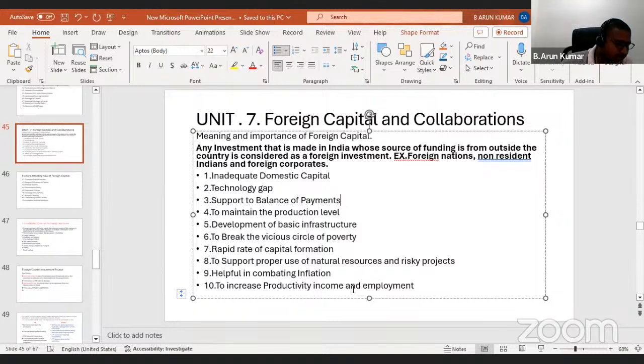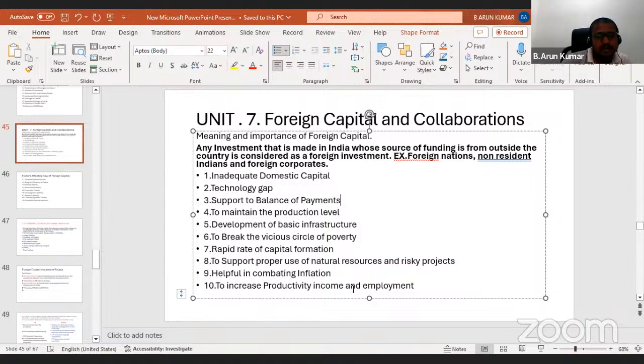The fourth one is to maintain the production level. Adequate supply of essential raw materials, semi-manufactured goods, machines, tools, and equipment is essential to maintain optimum production levels in a country. So foreign capital helps in financing the import of these requirements, and thereby helps maintain the optimum production level.